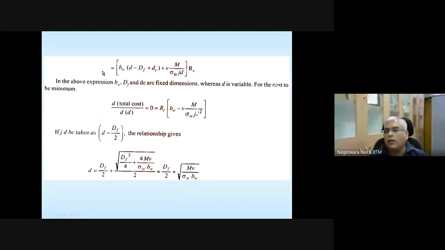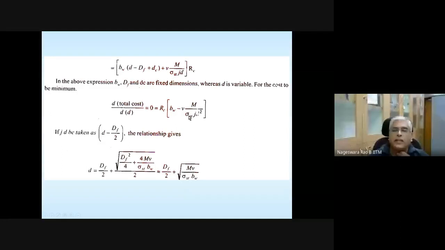I want to find what value of d makes this function minimum. So I need to take the derivative of that, equate it to 0, and solve for small d. That is what is done here. That is going to give you the economical depth for a T section. And once you get that d, you can find the lever arm.